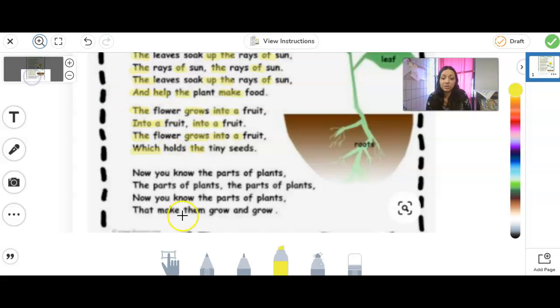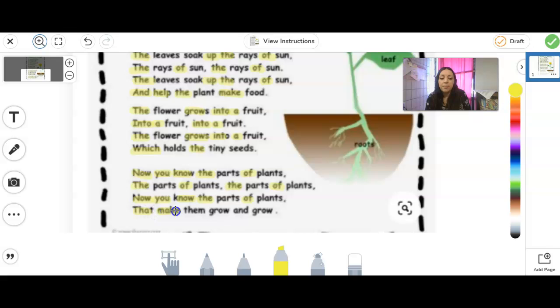And then the last part is really easy because it's a lot like our first part. We have now, you, know, the, and of. The, of. Now, you, know, the, of.